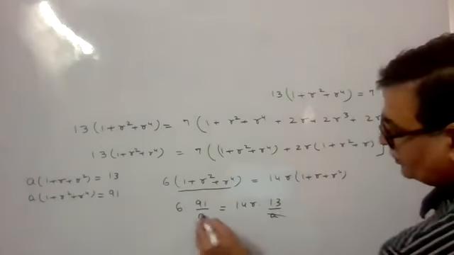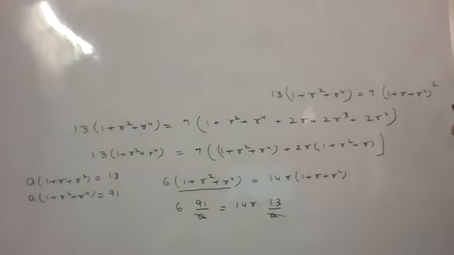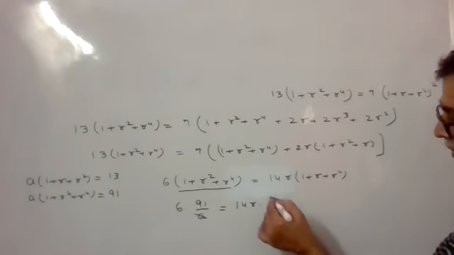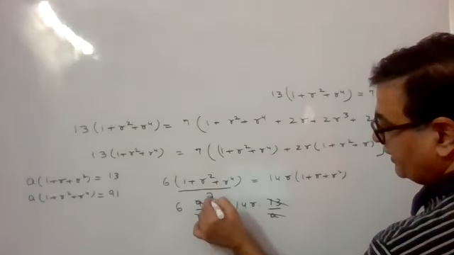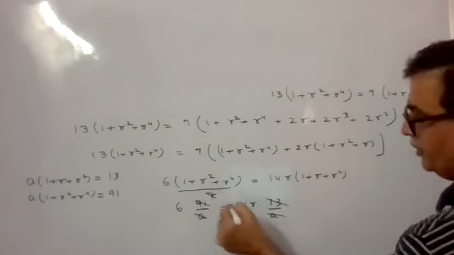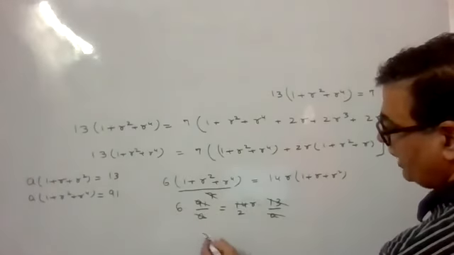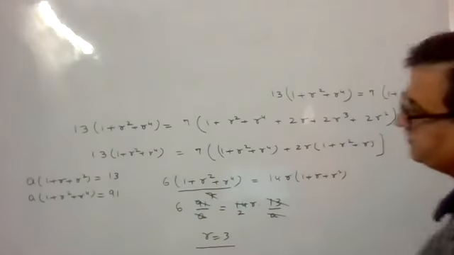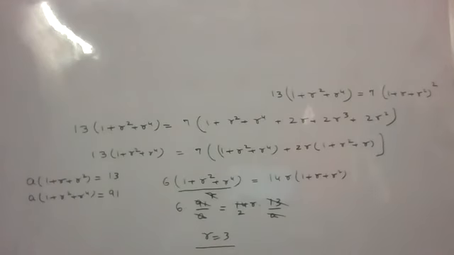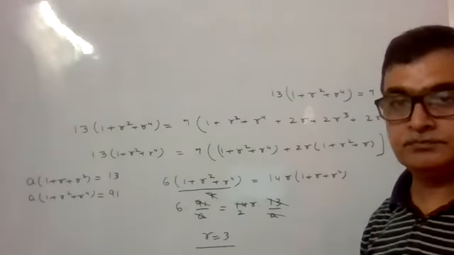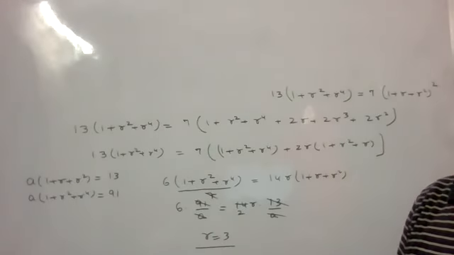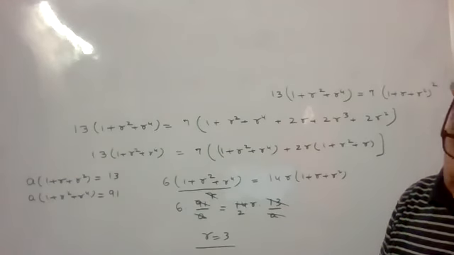A cancels out. Then 13 and 91: 7 13s are 91, and 7 2s are 14, and 2 3s are 6. So r simply comes out to be 3. Okay? R is coming 3 in this case.